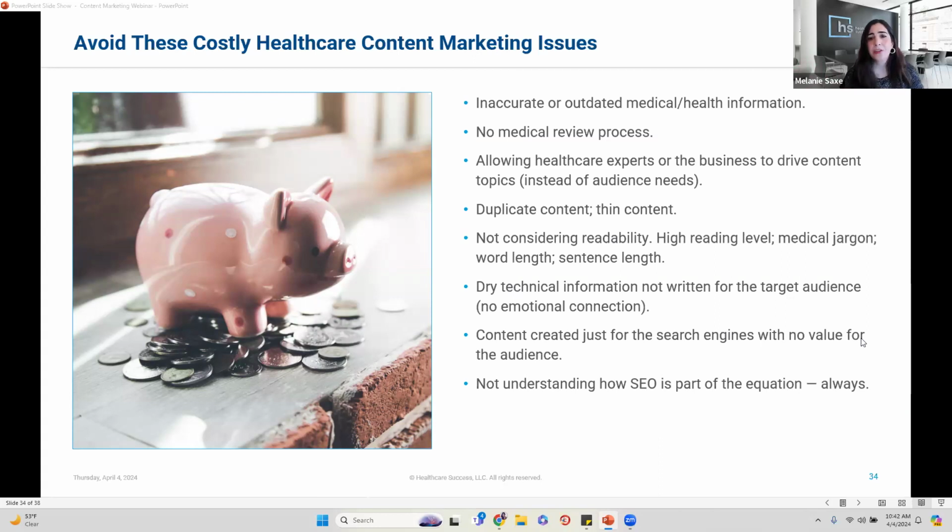Another issue that we see all the time is duplicate content or thin content. Duplicate content means you've got multiple pages on your website that are pretty much about the same topic, saying the same thing in a different way. There's no value to it. There's no strategy behind it.